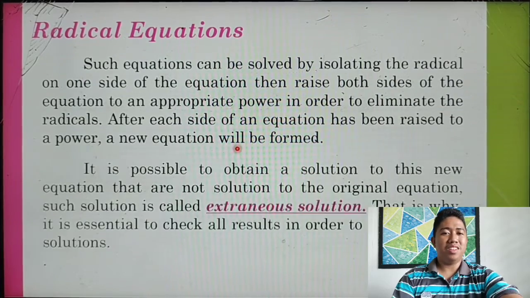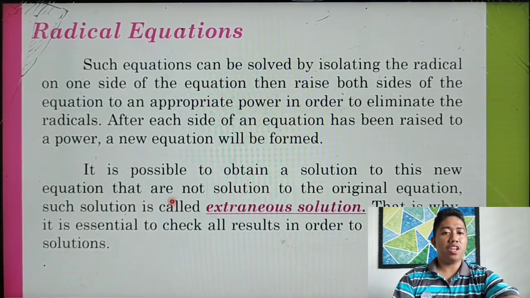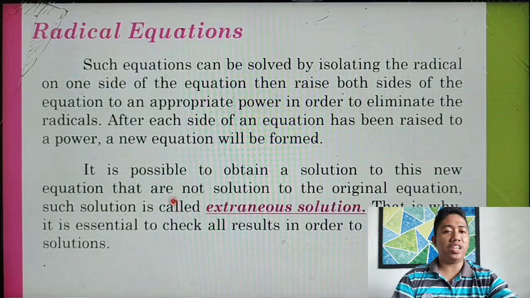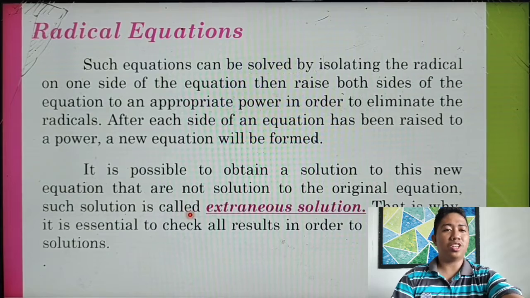Okay? It is possible to obtain a solution to this new equation that is not a solution to the original equation. Such a solution is what we call an extraneous solution.